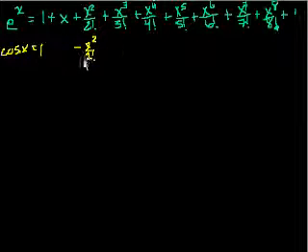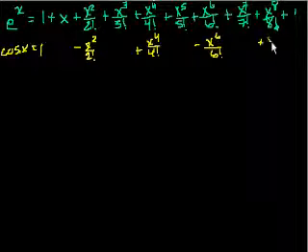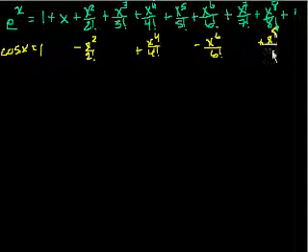We learned that 2 videos ago, plus x to the fourth over 4 factorial minus x to the sixth over 6 factorial. I think you might already know where I'm going with this. Plus x to the eighth over 8 factorial. And it just kept going.